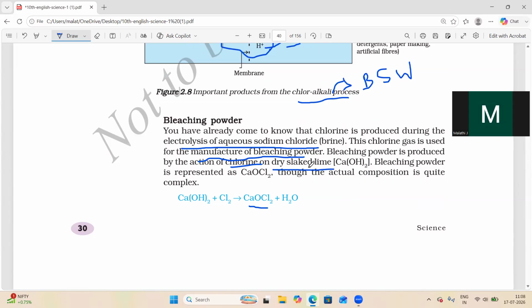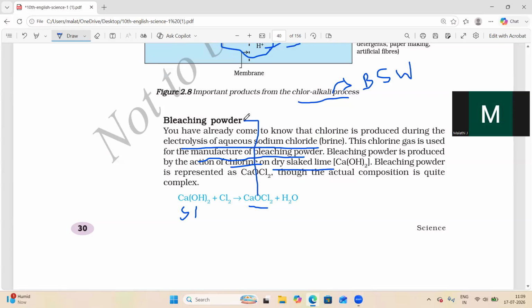Calcium hydroxide is also called slaked lime. When slaked lime, or calcium hydroxide, reacts with the chlorine gas liberated from this electrolysis process, we get bleaching powder. This calcium oxychloride is known as bleaching powder.